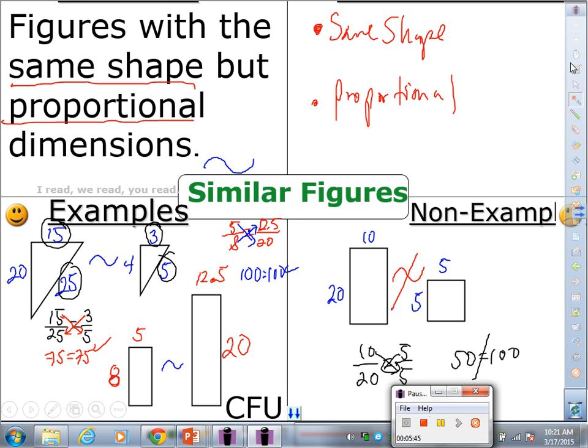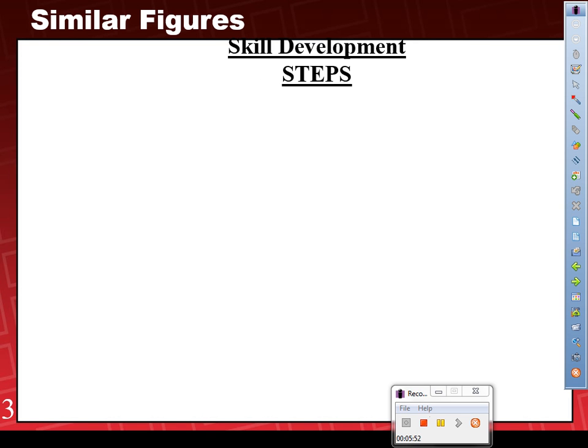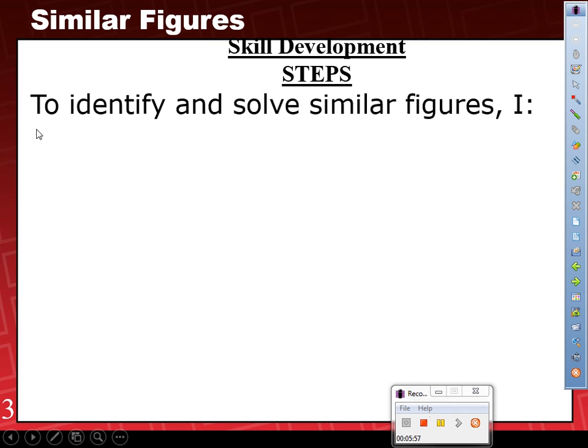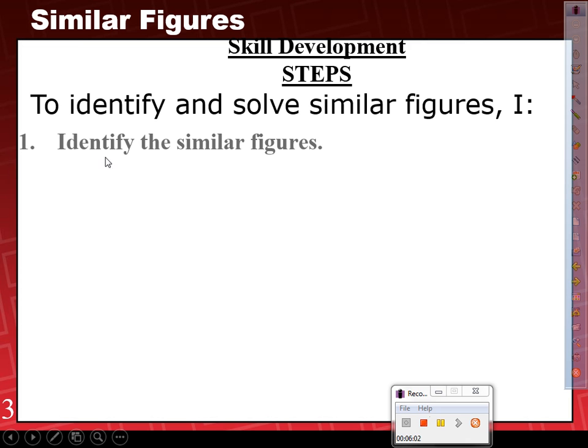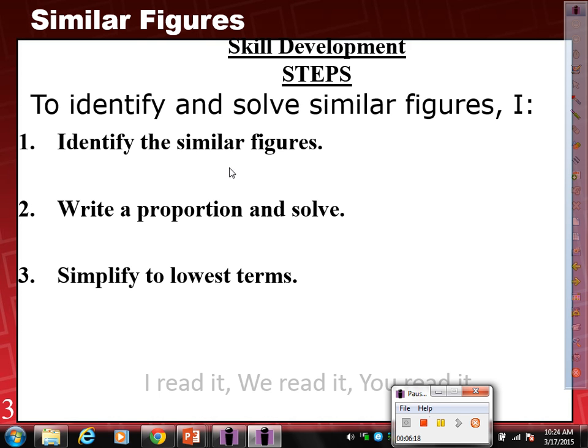All right, here we go. Copy these steps, please. Right underneath that. To identify and solve similar figures, number one, identify the similar figures. Number two, write a proportion and solve. Number three, simplify to lowest terms. It's only 3 steps. Copy that. Step 1, identify similar figures.